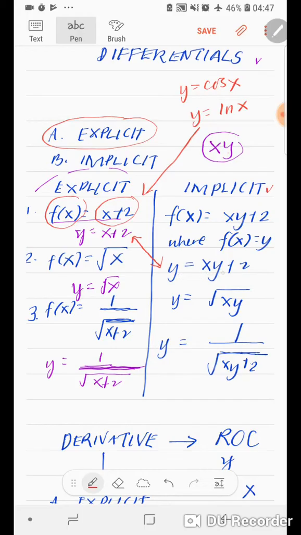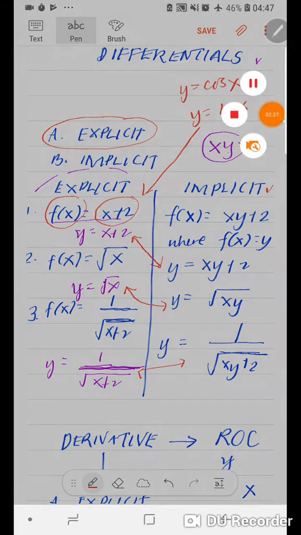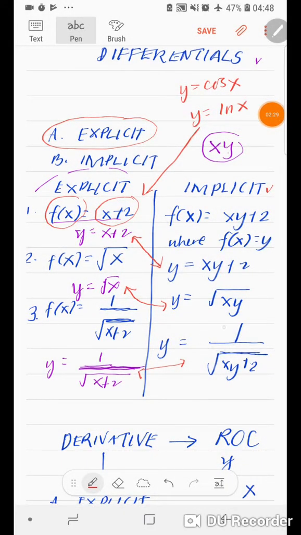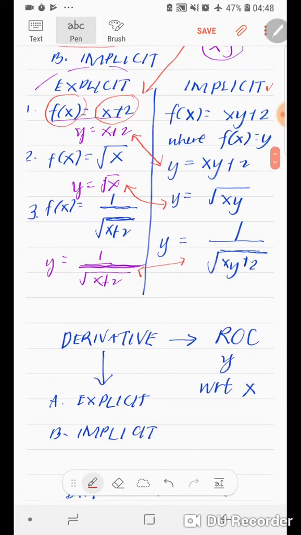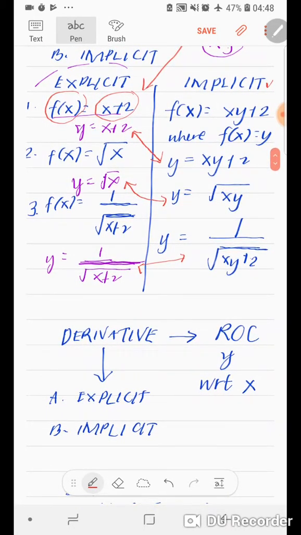So y is equal to xy plus 2. Same thing with this. We have here y is equal to square root of xy. And then for this one, we have y is equal to 1 over square root of xy plus 2. So I just really made these very easy, very accessible, so that you would understand how it's being made.